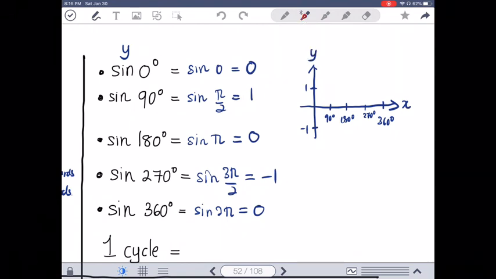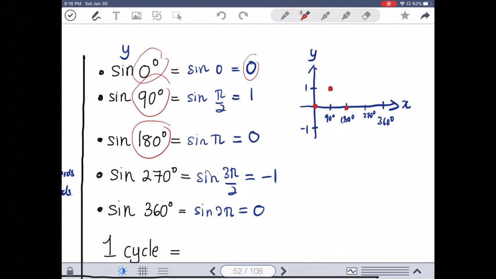When x equals 0, we'll get y equals 0. When x equals 90 degrees, y equals 1. X equals 180 degrees, y equals 0. X equals 270 degrees, y equals -1. And x equals 360 degrees, y equals 0.